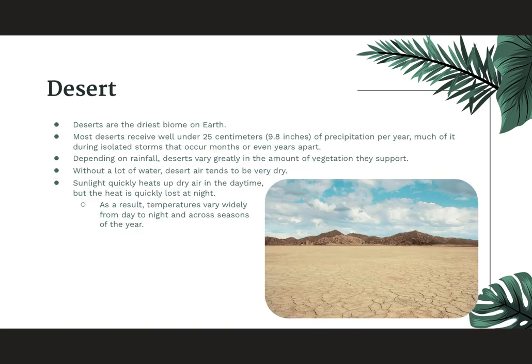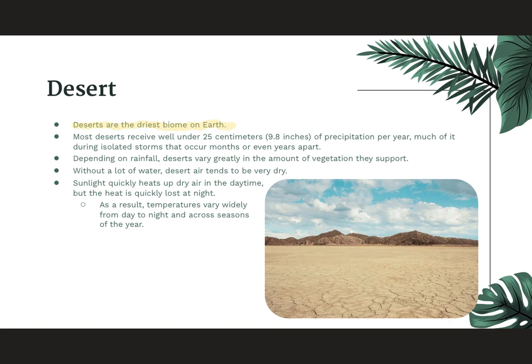All right, our next biome is the desert biome. Deserts are the driest biome on Earth. That is pretty self-explanatory to most, but deserts are the driest biome. Most deserts receive well under 25 centimeters of precipitation each year.